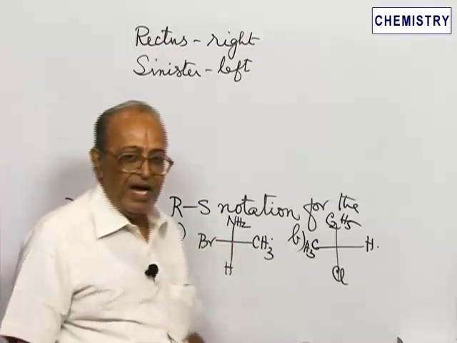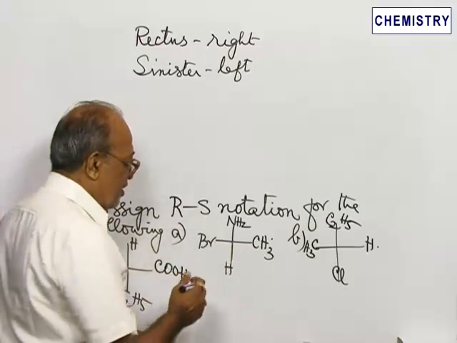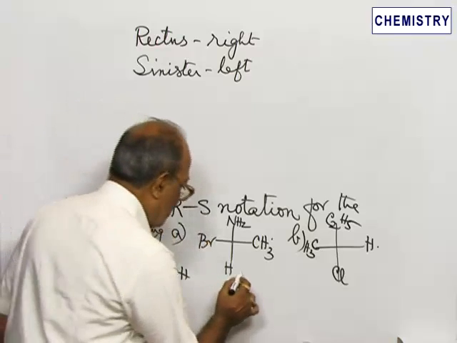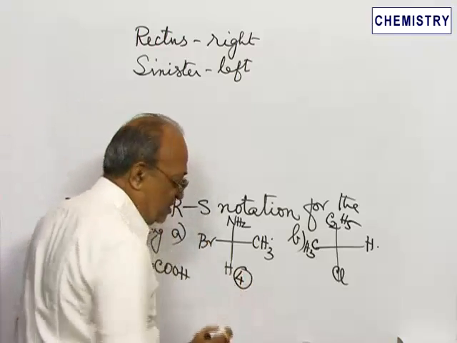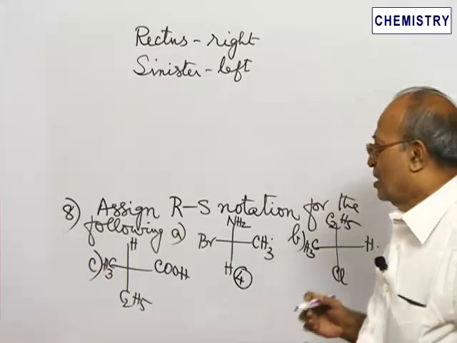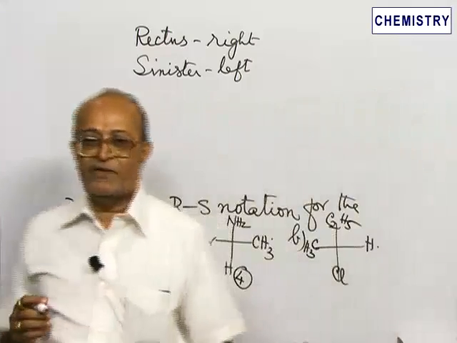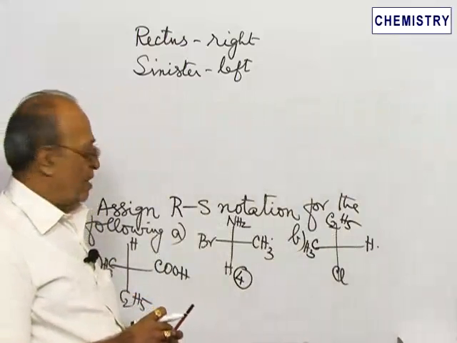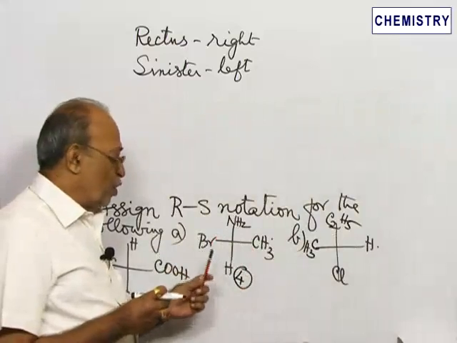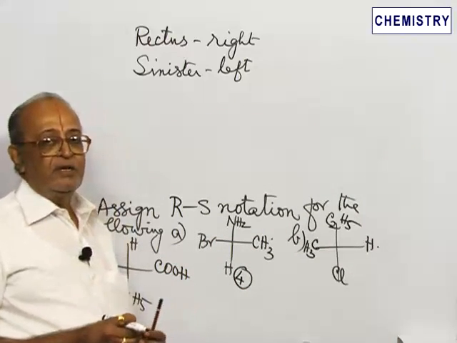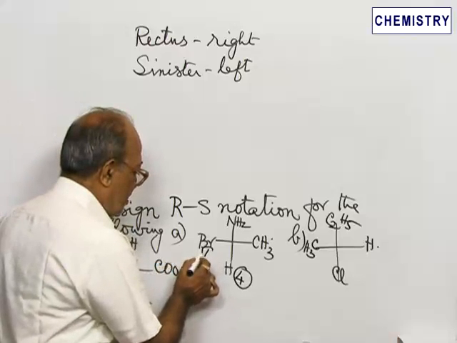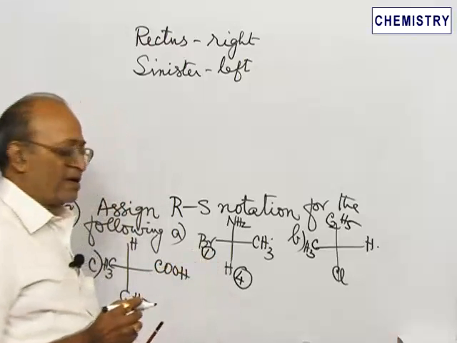That means hydrogen has the lowest priority. So of the four substituents, hydrogen has the lowest priority 4. What will be having the first priority? Of these three, bromine, nitrogen and carbon, bromine will have the highest atomic number. So first priority is for bromine.